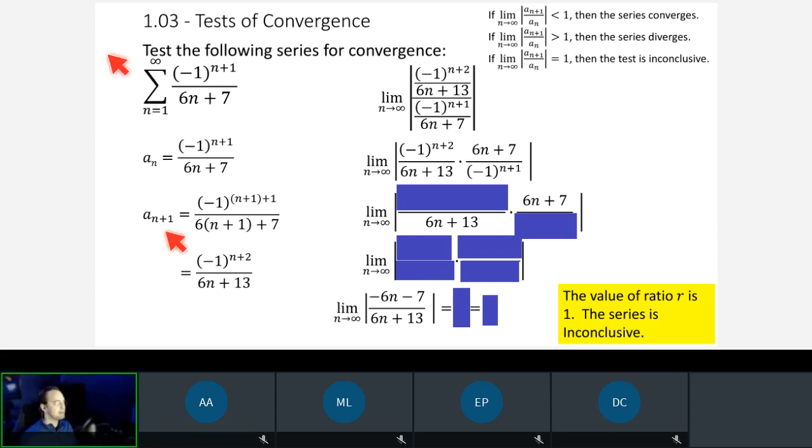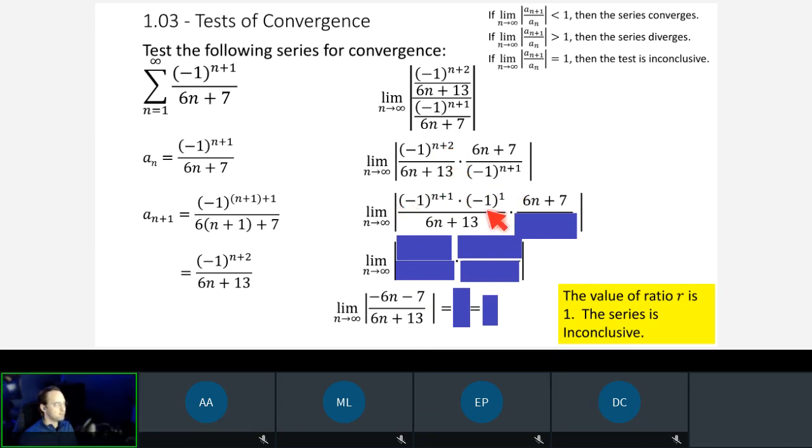So I should write it as n plus 1 on one of them and 1 on the other. So I am just subtracting one exponent out. Again, this n plus 2, I subtracted 1. And I wrote it separate.